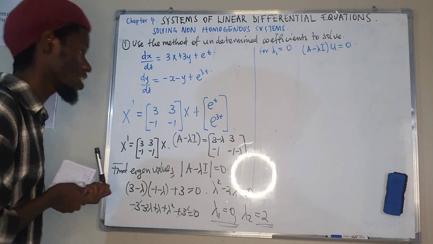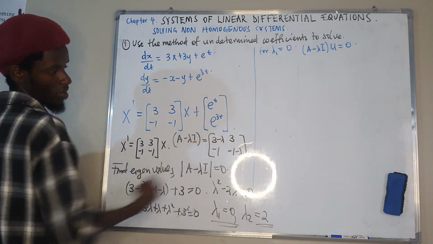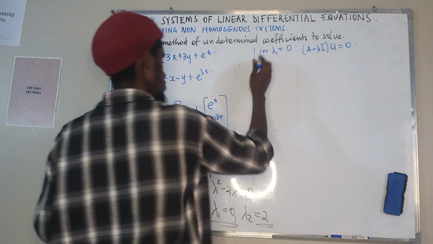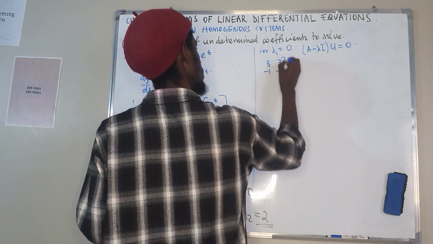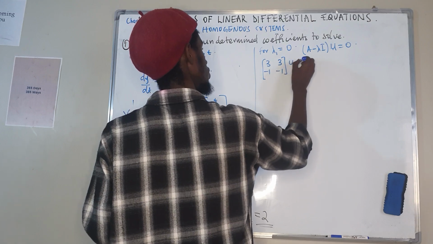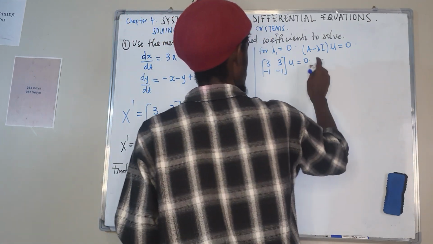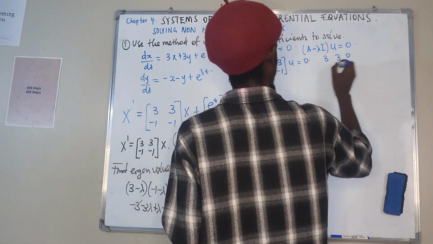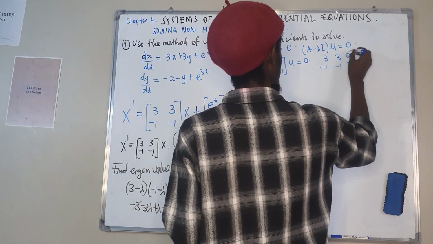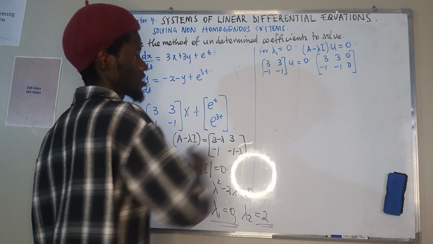Now if I put in my lambda as 0, I'm putting 0 everywhere where there is lambda. Therefore my system here is going to be the same as having 3, 3, negative 1, negative 1 times u equals to 0. This is the same thing as having the augmented matrix with a column of zeros.